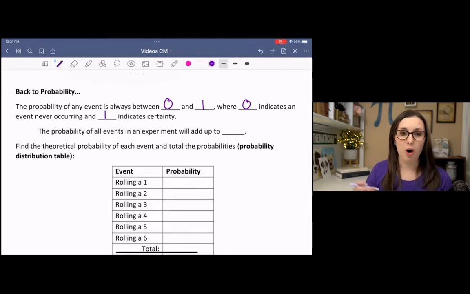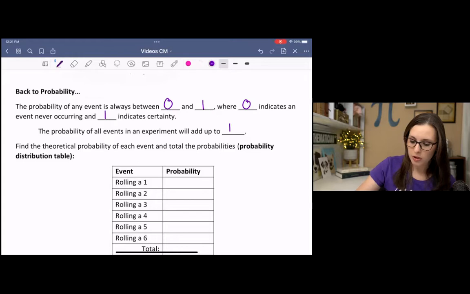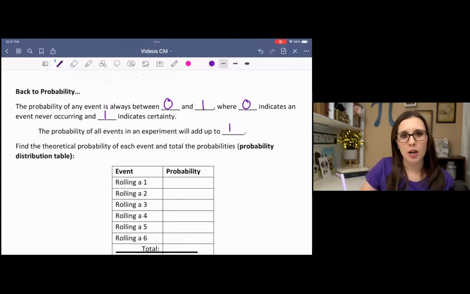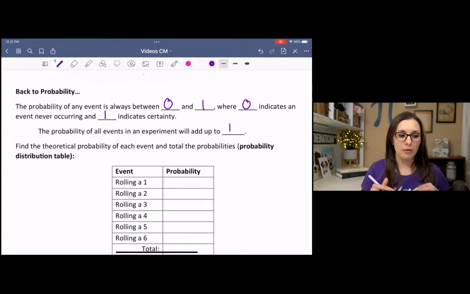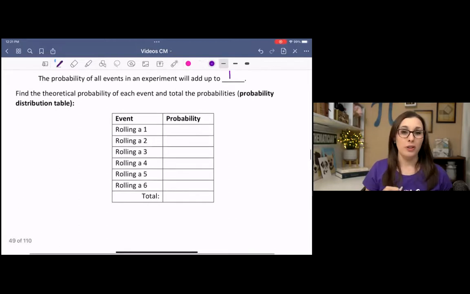The probabilities of all of the events in an experiment will add up to 1. You can think of a pie chart, where each wedge of the pie is a certain percentage or probability, and all of those pieces add up to one whole. Same thing here: if we have several different events or subsets of the universal set and I find the probability of each, all of those probabilities will add up to 1. If they don't, you've done something wrong.